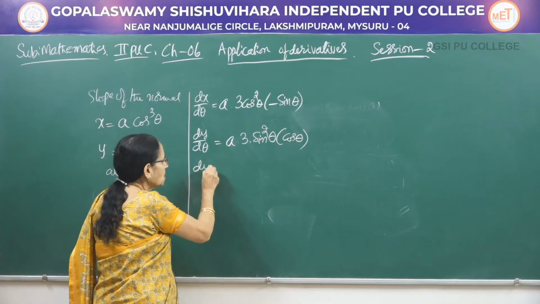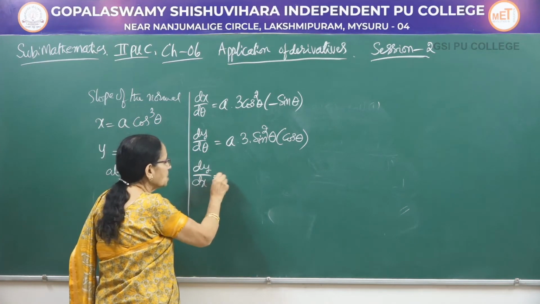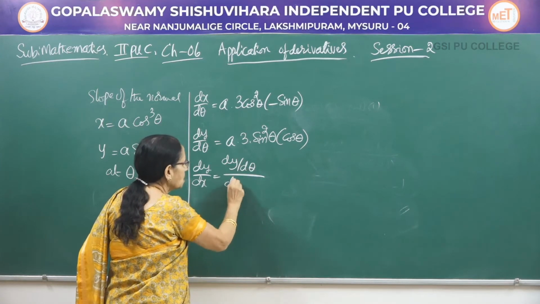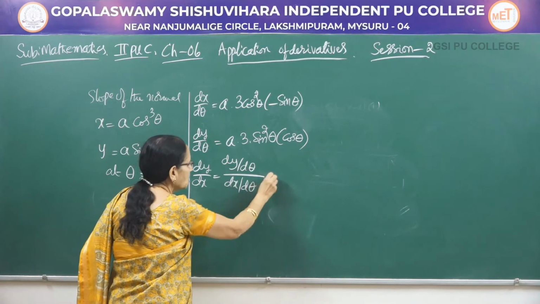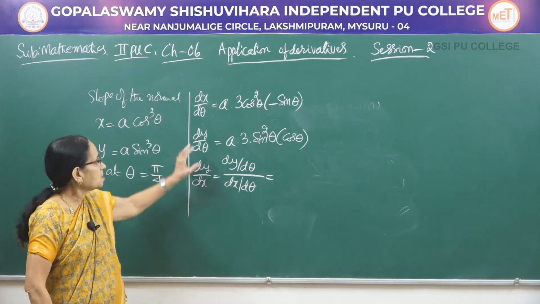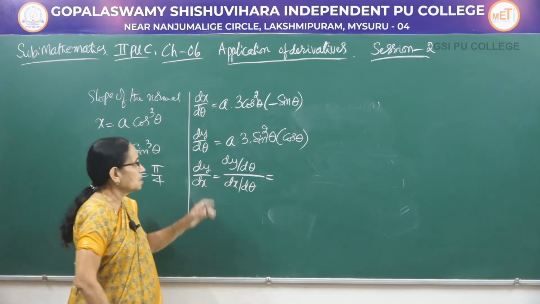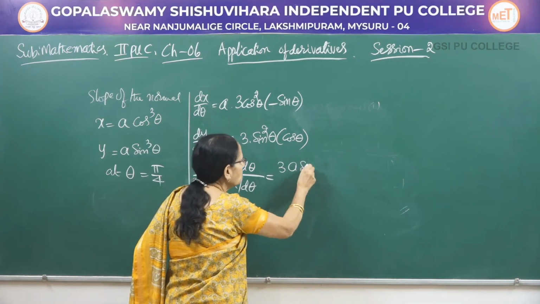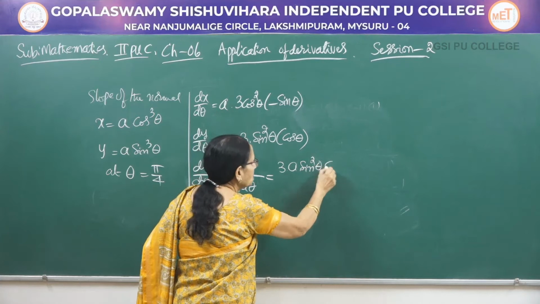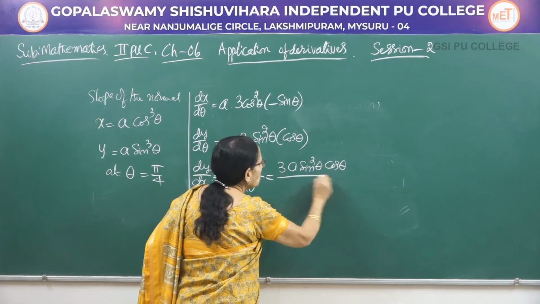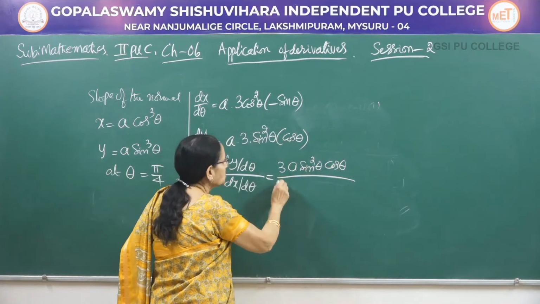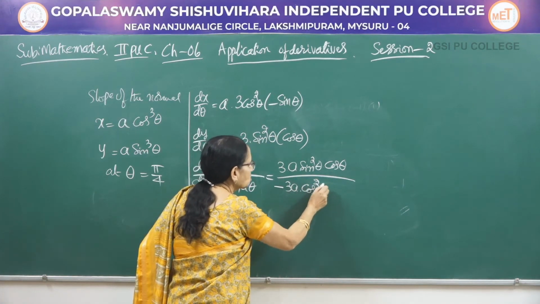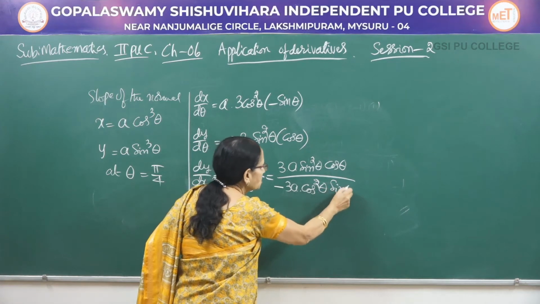Now, to get the value of dy by dx, this is a formula you have learned. It is dy by d theta divided by dx by d theta. Divide this quantity by the other one. Let me write the values. It is 3 into a into sin square theta into cos theta, whole thing divided by, we have a minus sign, minus 3 into a into cos square theta into sin theta.